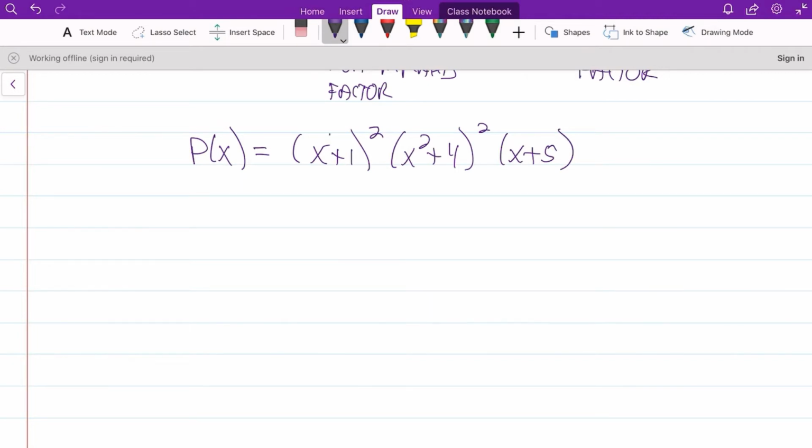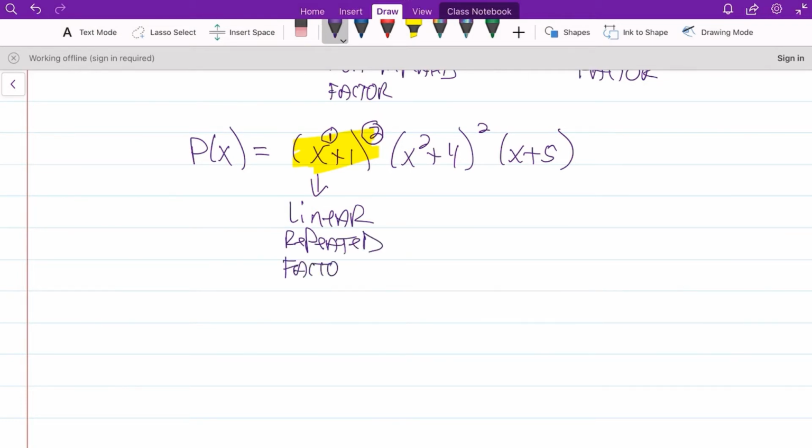So again, I'm going to look inside my parentheses here for these three factors. We're going to look at this first one. I see that the exponent inside is 1, so this is going to be considered linear. But the exponent on the outside of the parentheses is more than 1. If it's more than 1, this is going to be considered a repeated factor.